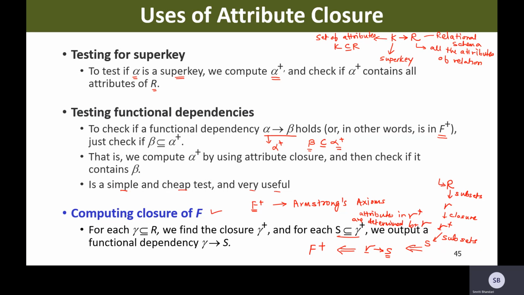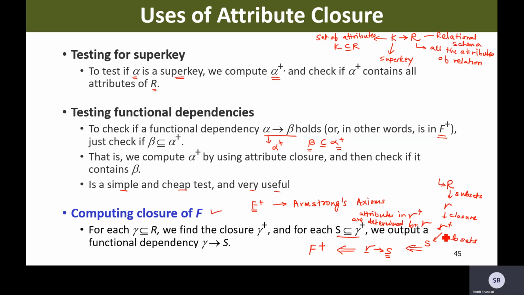I'll repeat once again. Given the relation schema R, we find the subsets of R. For all such subsets gamma, we compute the attribute closures gamma plus. Further, for all such gamma plus, we find the subsets of gamma plus.